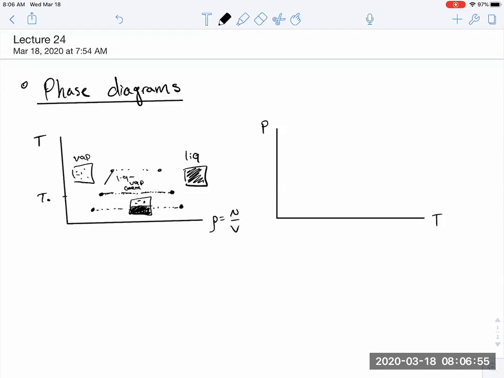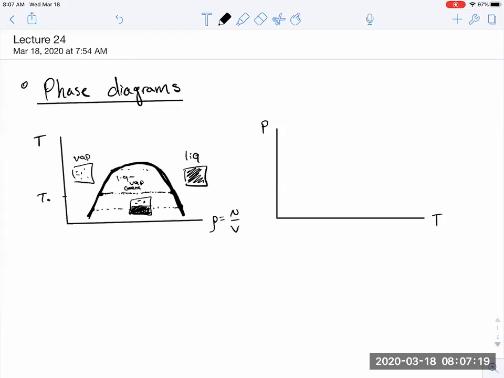And if I draw a line for the locus of those points, that would form a so-called coexistence curve. It's just the locus of points for where, if I put liquids and vapors into contact, what is the density of the liquid and what is the corresponding density of the vapor.